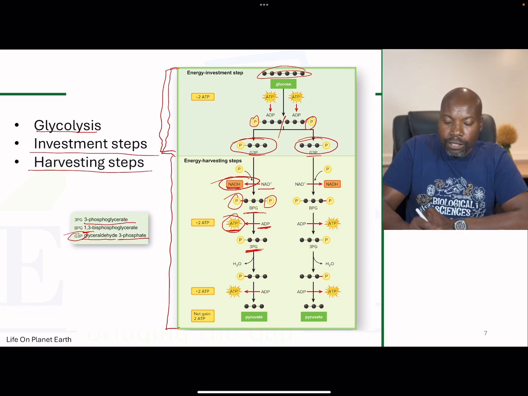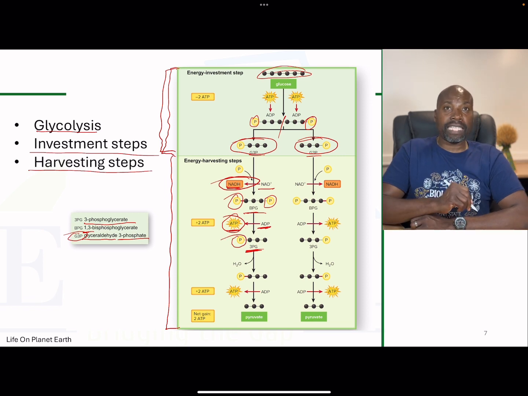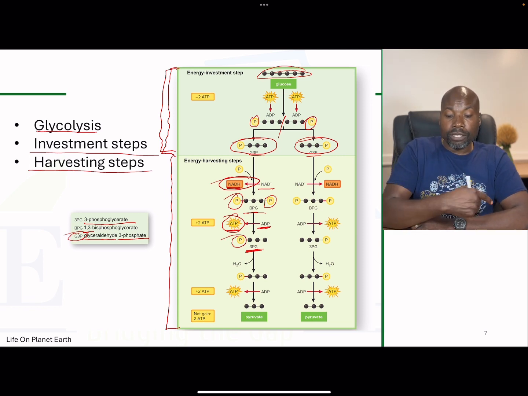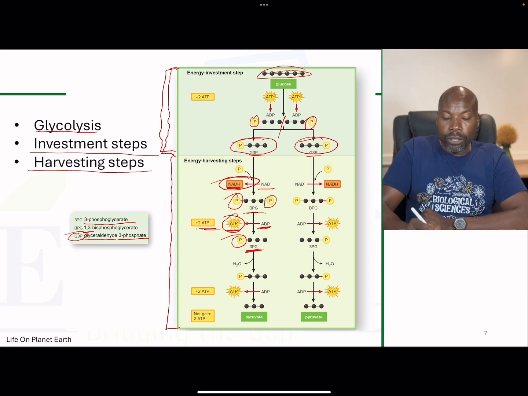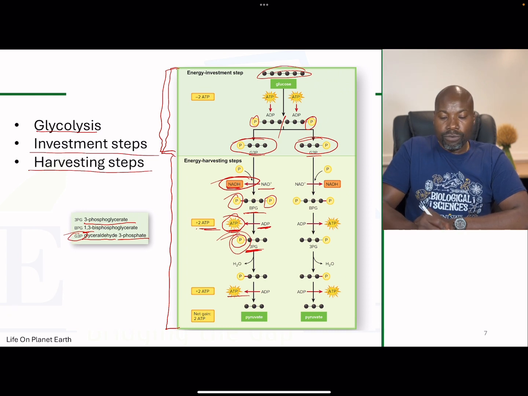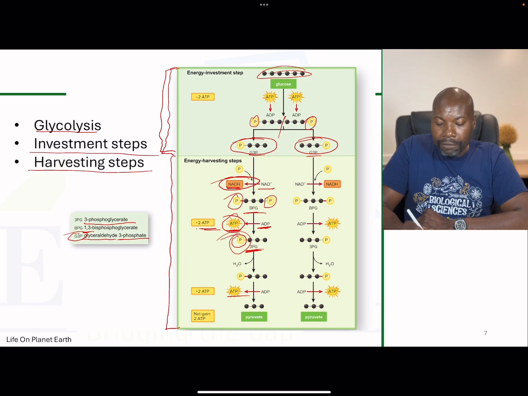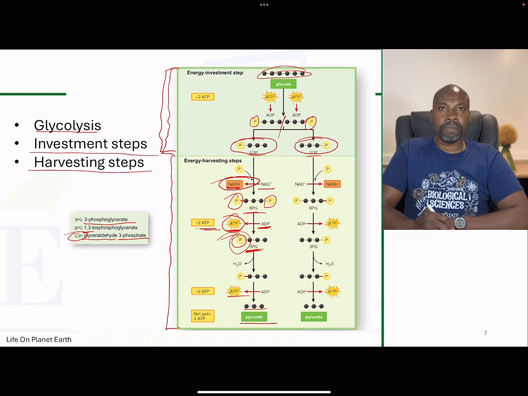That 3-phosphoglycerate carries only one phosphate. So now one phosphate is gone to form ATP, right? And another phosphate is going to leave to form another ATP, right? So that at the end of the day, you're going to have here a 3-carbon molecule that is called pyruvate.